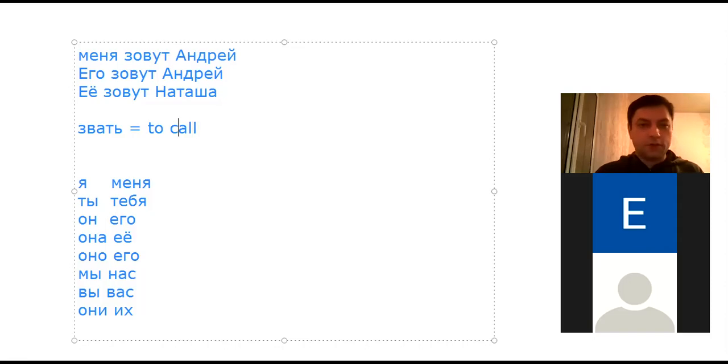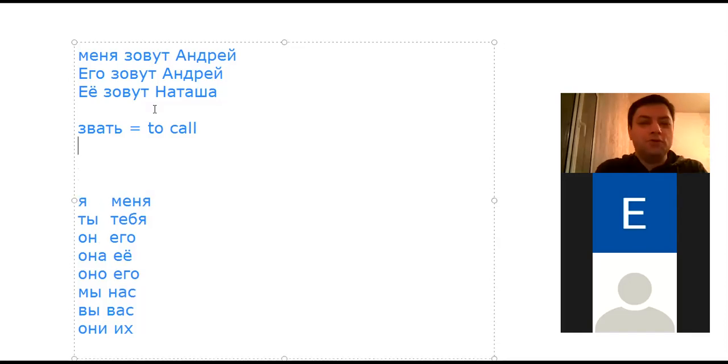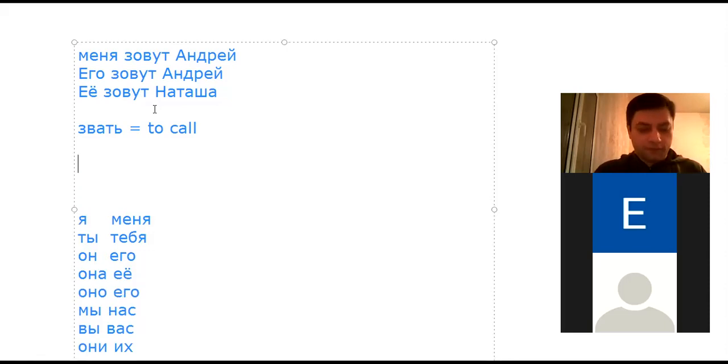And in Russian language, the verbs always conjugate. And by the way it is conjugated, you can guess the subject. For example, like in English. Say, if you have the word works, the last letter of this word is S, and you know that the subject must be he or she or it.